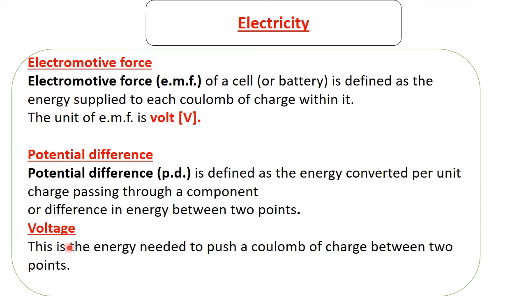Voltage is just the energy that is needed to push a coulomb of charge between any 2 points of your choice. Potential difference is the difference in energy between 2 points, or the energy that is converted per unit charge passing through a component. It's a bit confusing, but I'm sure you're getting it. The unit for voltage is also V, or volts.